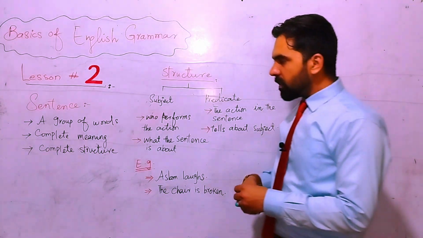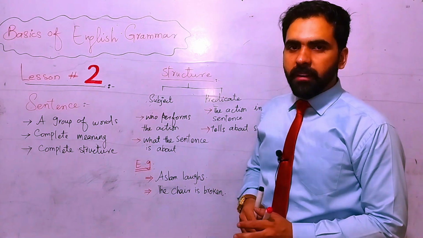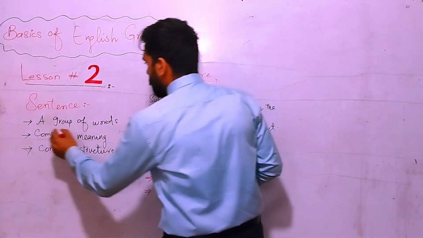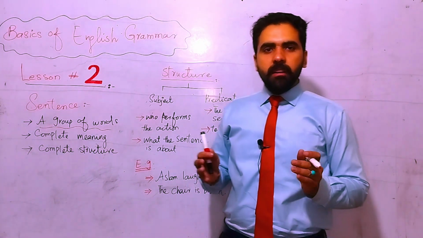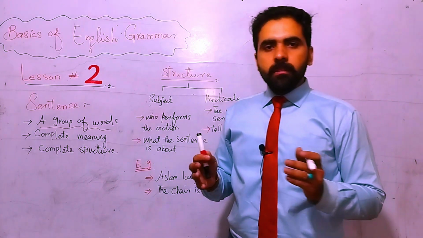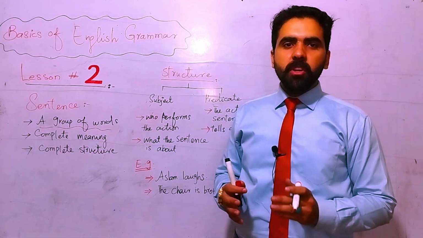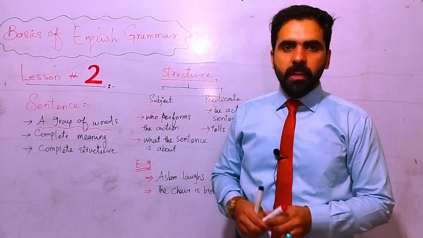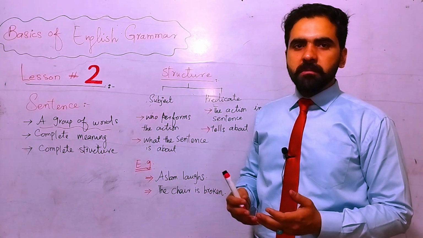Okay, there are some characteristics of a sentence. The first characteristic is that a sentence is a group of words. Okay, if there are words that join together, that combination of words would be called a sentence. Okay, but one can ask, what would the combination be like?